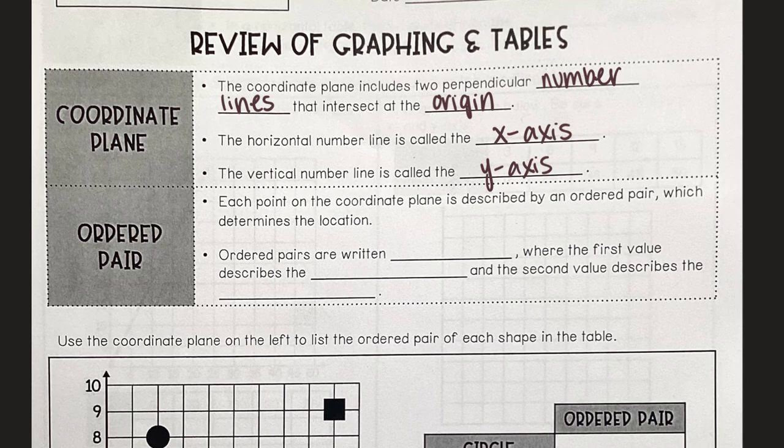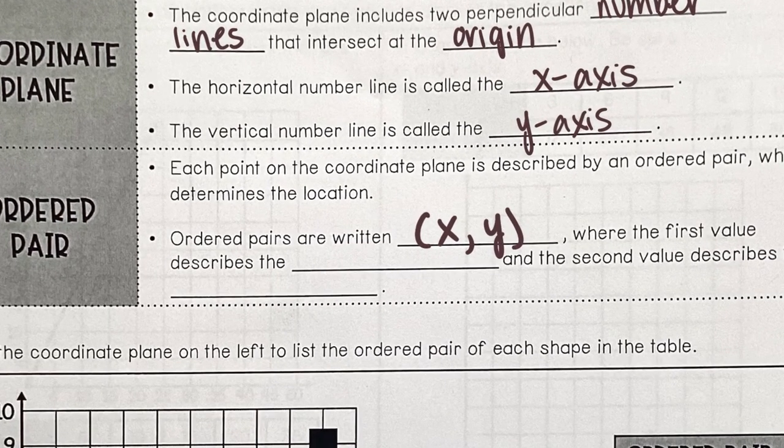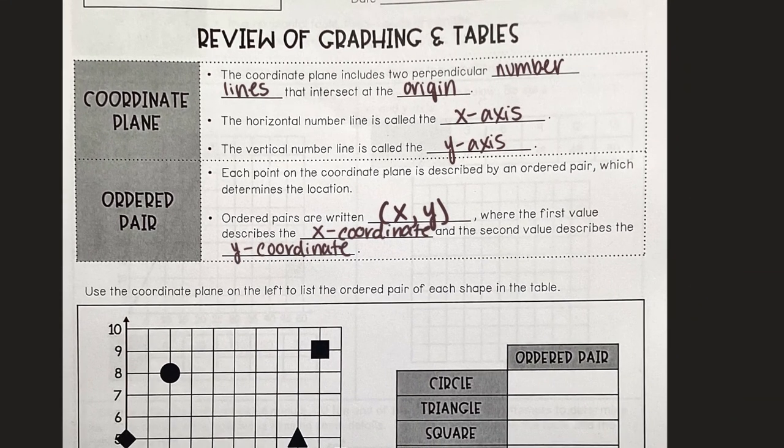Second bullet point says ordered pairs are written (x, y) with parentheses around them, where the first value describes the x-coordinate, and the second value describes our y-coordinate. Coordinate is just a fancy way of saying location. So a coordinate on a graph is a location of an x value or a y value.